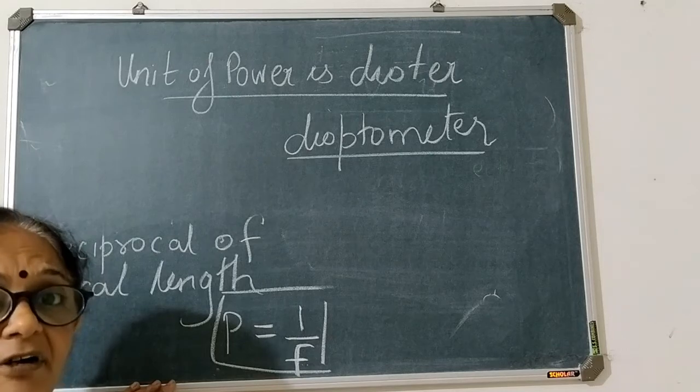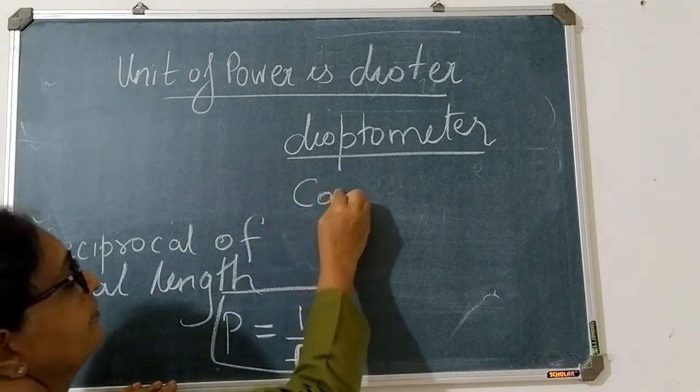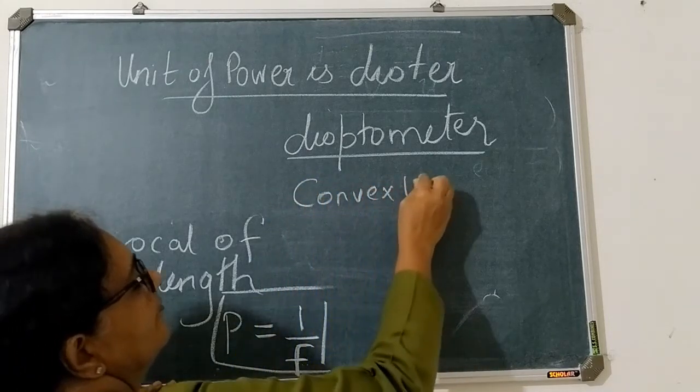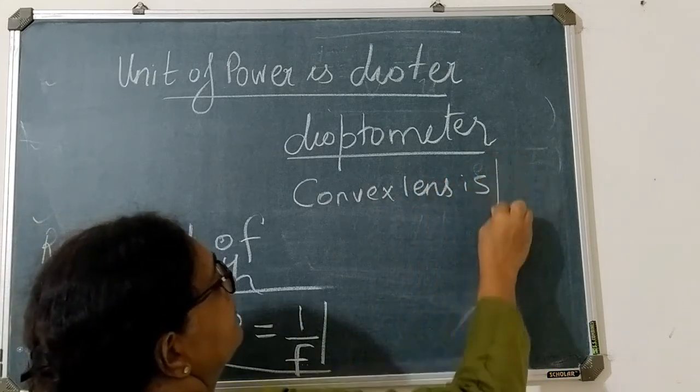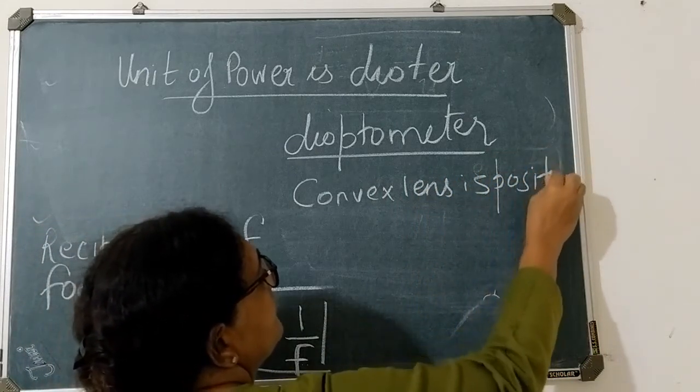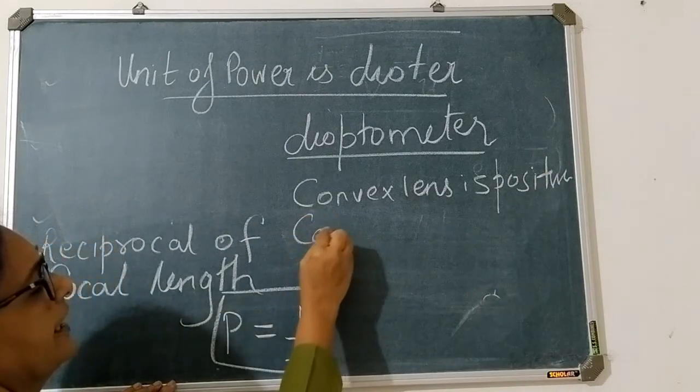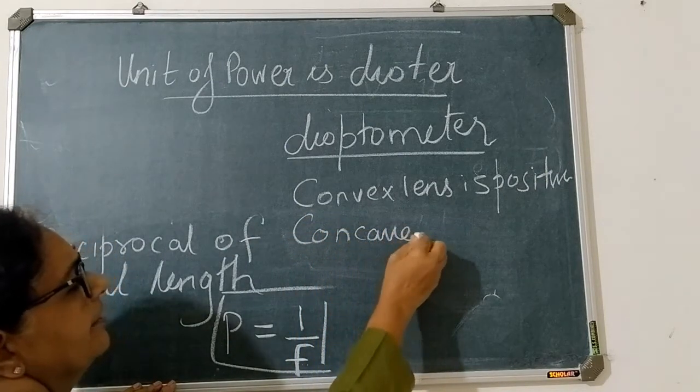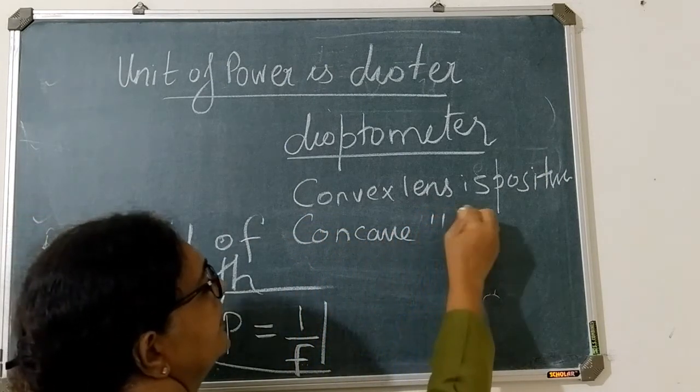And the power of convex lens is positive, and concave lens power is negative. Concave lens is negative.